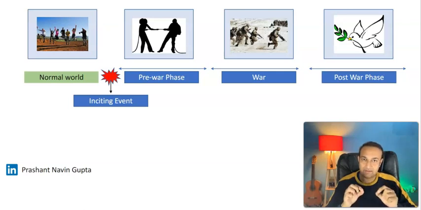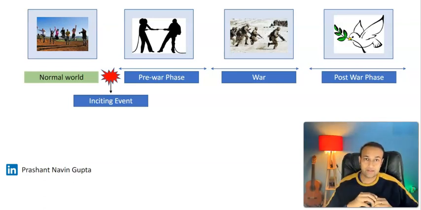Now, this event, which leads to tensions and conflicts, is called the inciting event. This is followed by the pre-war phase till the war actually outbreaks. Once the war outbreaks, after some time, the peace and harmony returns, and that is the post-war phase. Now, let's look at the stock market data for each of these three phases.